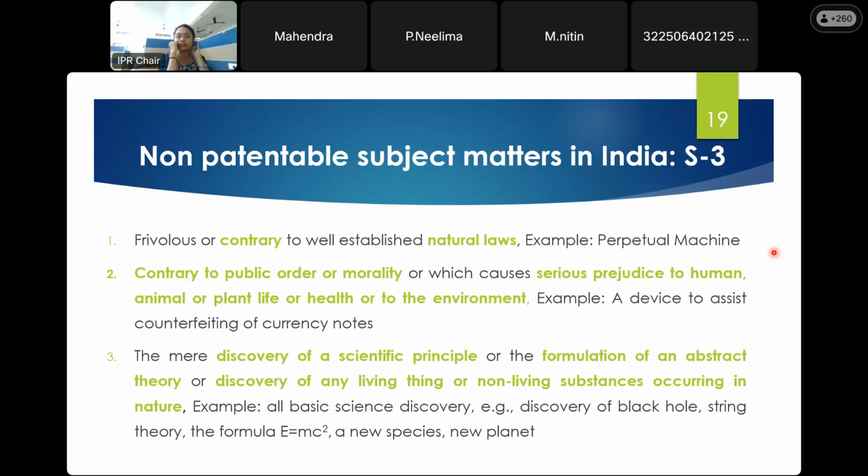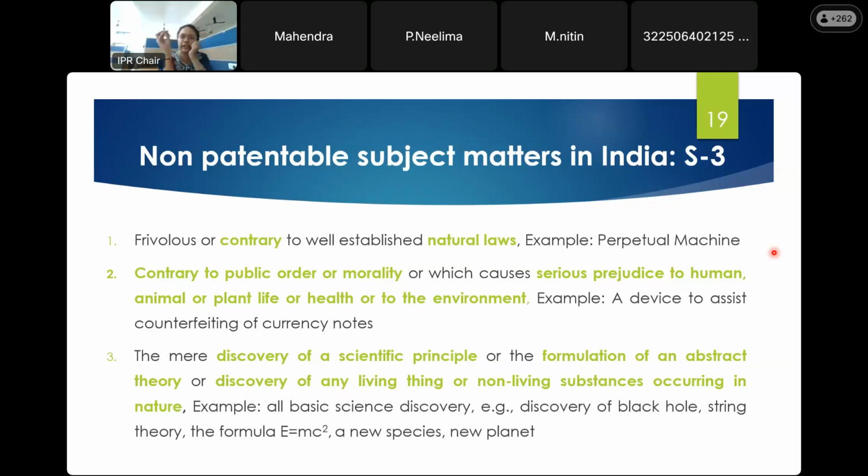Then if it is contrary to public order or morality, or if it causes serious harm to human, animal, plant, health, or environment. For example, a device to assist counterfeiting of currency notes, that is against public order, or a device that you are using to reduce the oxygen level in such a way that every animal and every plant, or forget about plant, every animal dies.